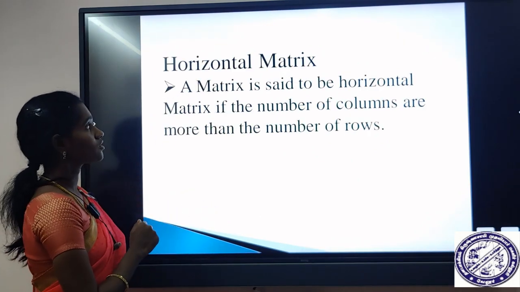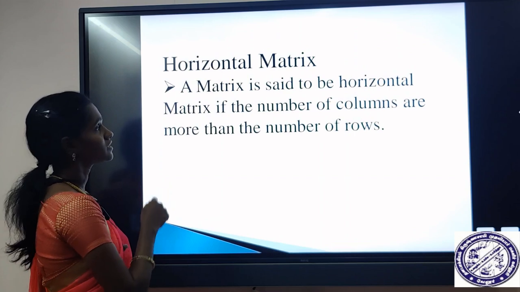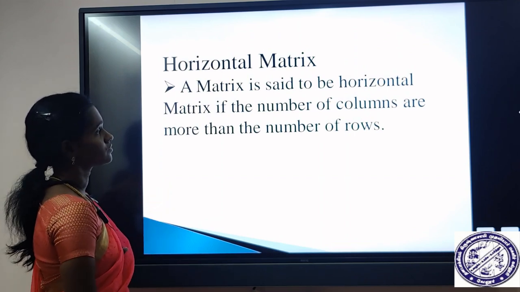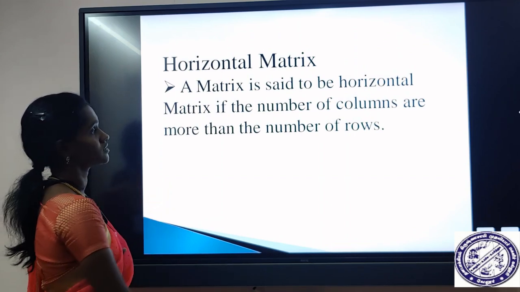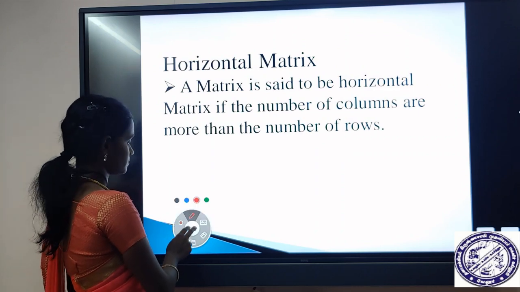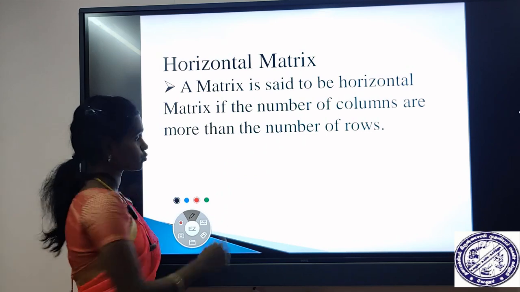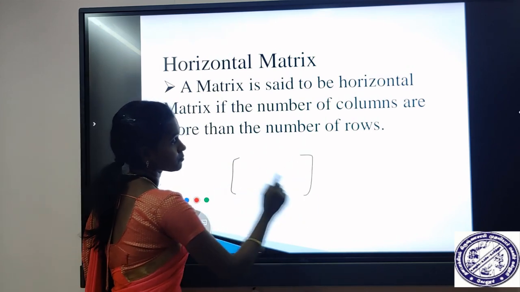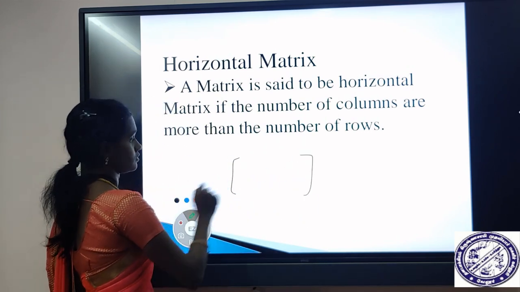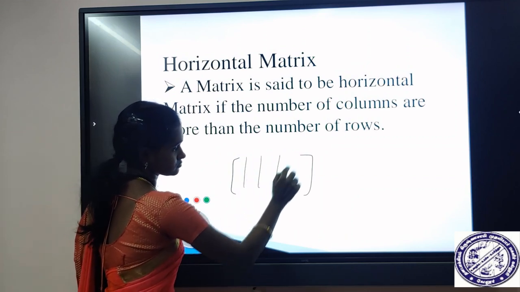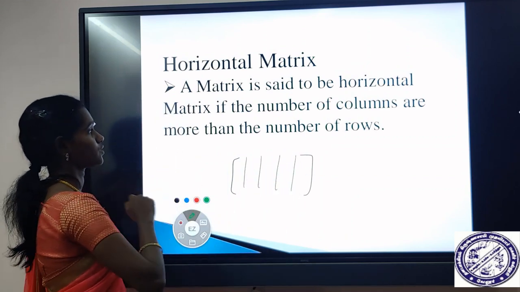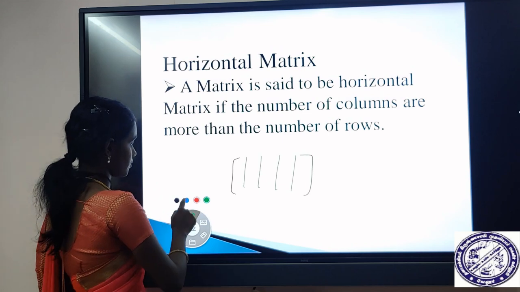Then we are going to say about what is a horizontal matrix. A matrix is said to be a horizontal matrix if the number of columns is more than the number of rows, which means the number of columns will be the highest. So here the columns will be the highest and the rows will be the lowest.